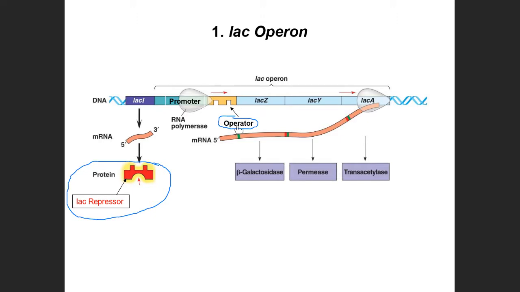So notice this DNA regulatory sequence called the operator is located in between the promoter and the first of three genes of the Lac Operon. The operator can be bound by a repressor protein. If the operon is the Lac Operon, we simply call the repressor protein the Lac repressor.